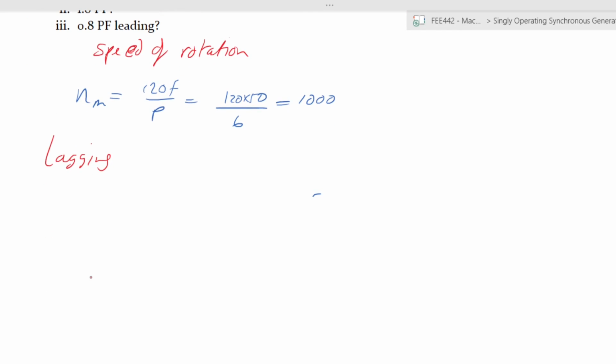So in a lagging scenario, if the generator is loaded down with a rated current at 0.8 power factor lagging, the phasor diagram will look like this.